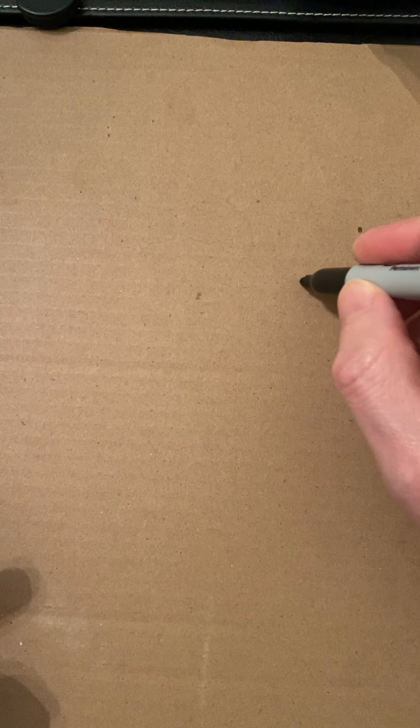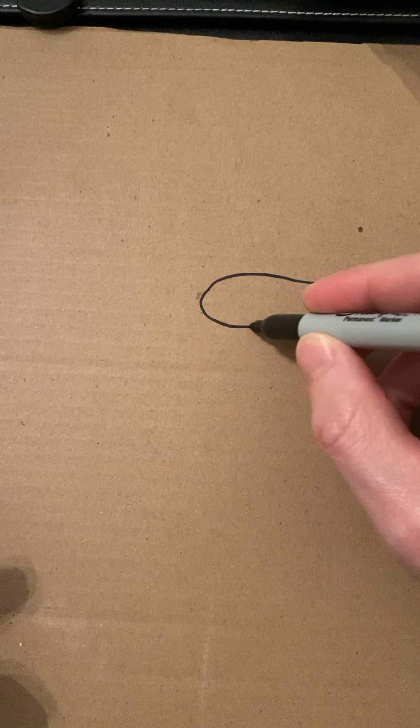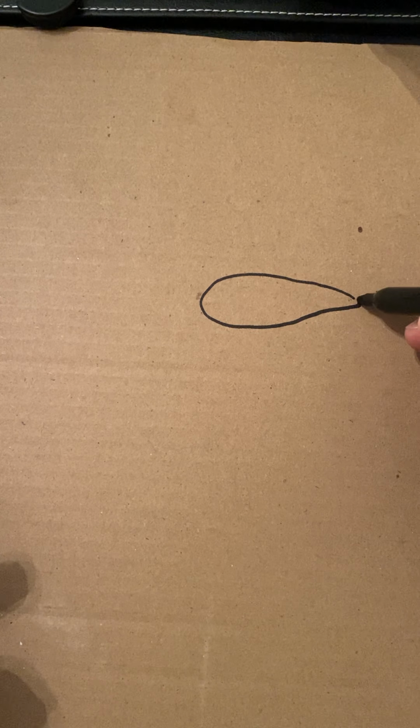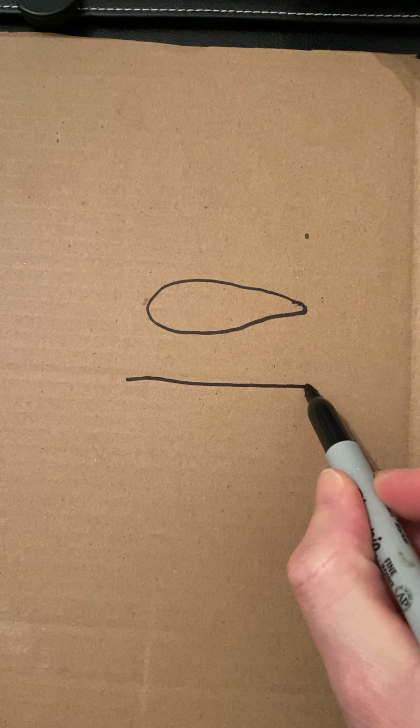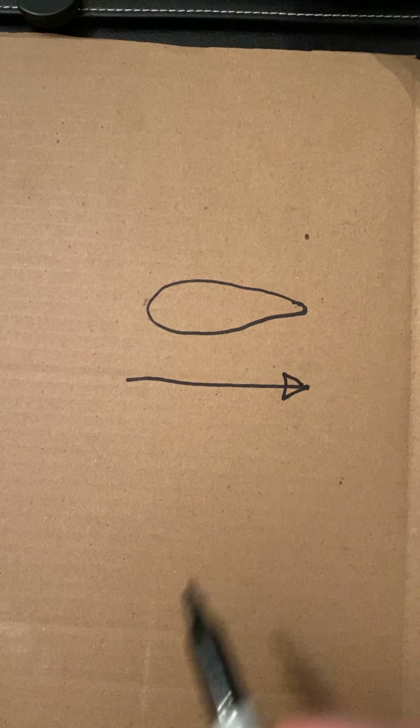So what you can wind up with is a blood droplet that looks sort of something like this. I'm not much of an artist here, but if I see something like this, I know that the blood was traveling in this direction.